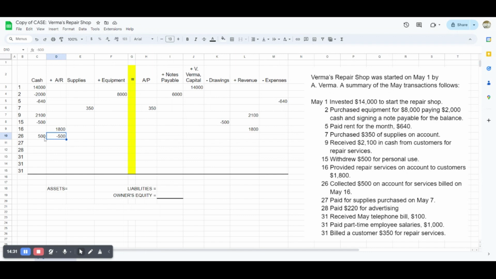And this is an example where in the assets section, it's going to balance because 500 minus 500 is 0. And then in the liabilities and owner's equity section, nothing is happening to it, so it will also be 0. So this is also going to balance.